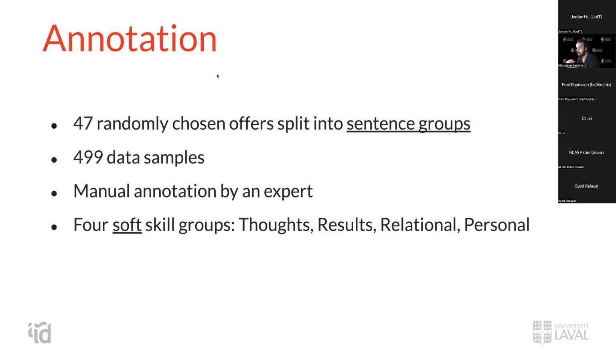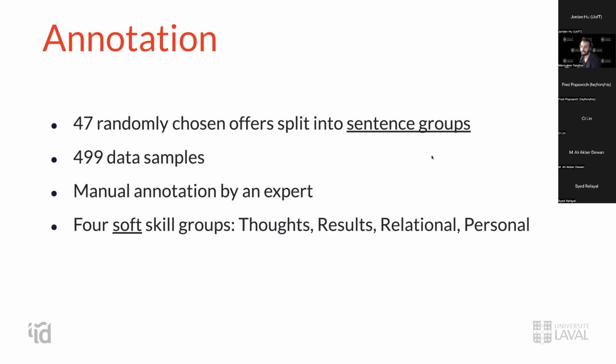So in and of itself, the annotation part is necessary. What's the annotation? In order to do what we want, which is the soft skill detection, we needed a labeled data set since we wanted to approach it from a supervised learning standpoint. We chose 47 random offers to annotate, and we split them into sentence groups.